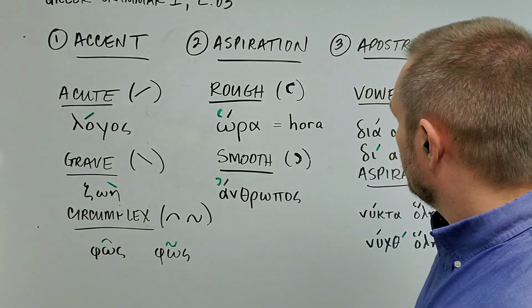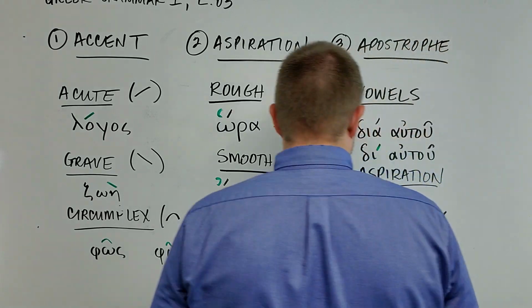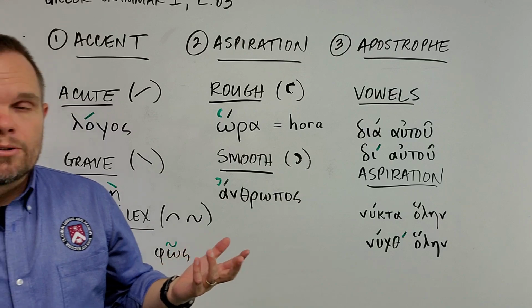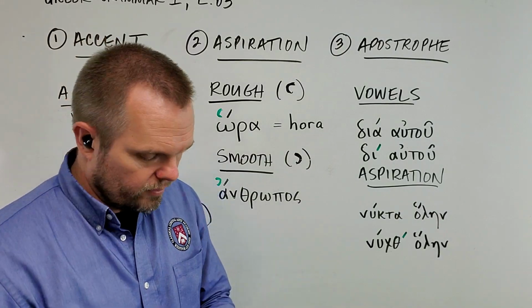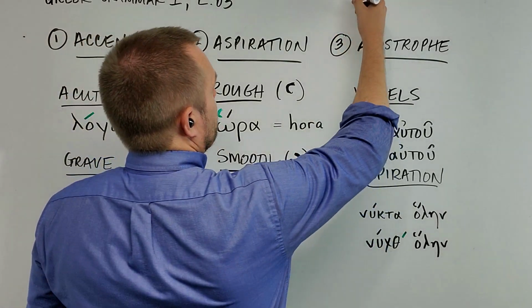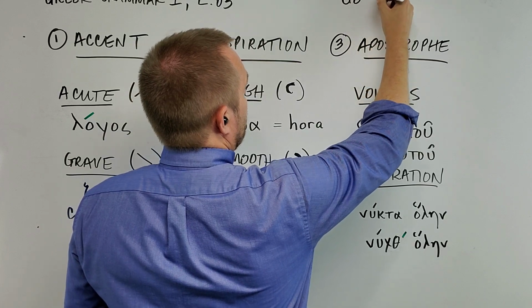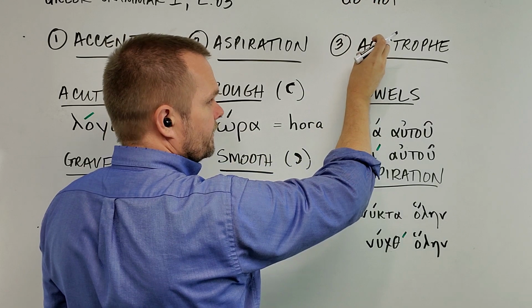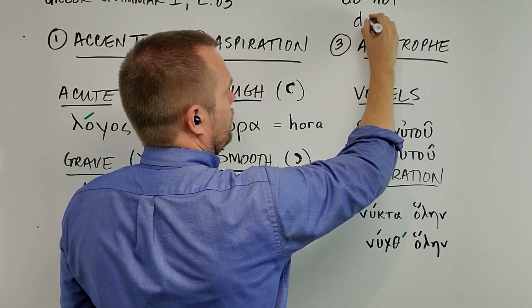Lastly, the third topic in this lesson is apostrophe. And we have apostrophe in the English language. For example, we take two words like do not, and we contract them to form don't.